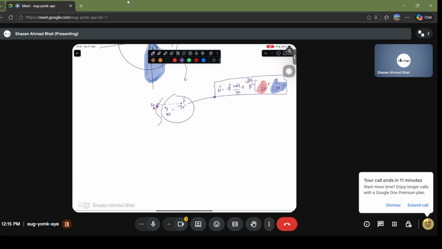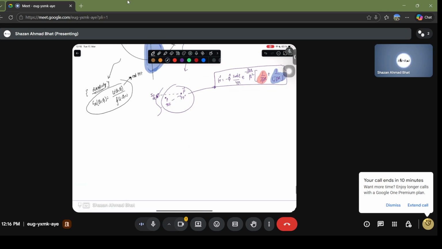Now what else? One more thing: if you are given the directivity, which is basically averaging over the entire volume, your directivity in theta comma phi direction will be U theta phi, which is the radiation intensity averaged over the entire volume.